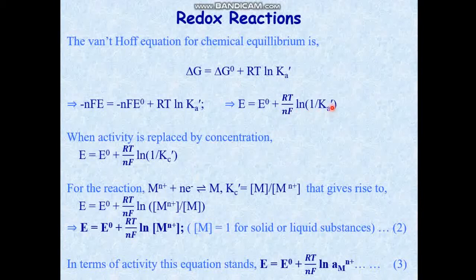Now, this K dash is the activity ratio of the products and the reactants. Now, if activity is replaced by concentration term, then Ka dash becomes Kc dash. So here K dash has been replaced by Kc dash. So the equation becomes E equals E0 plus RT by NF ln 1 by Kc dash.